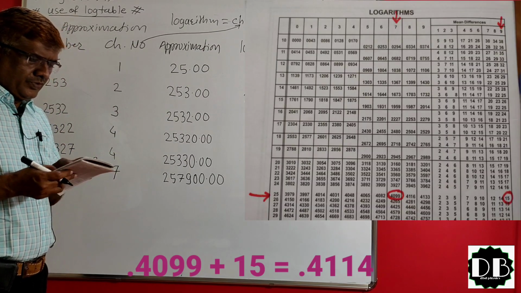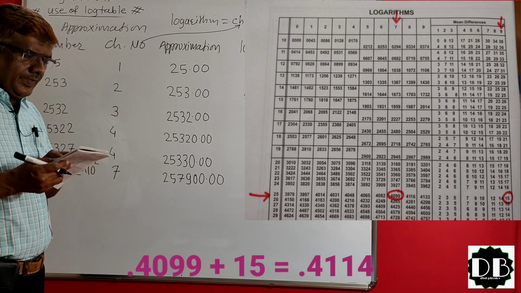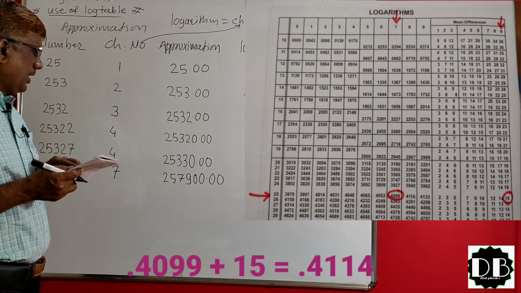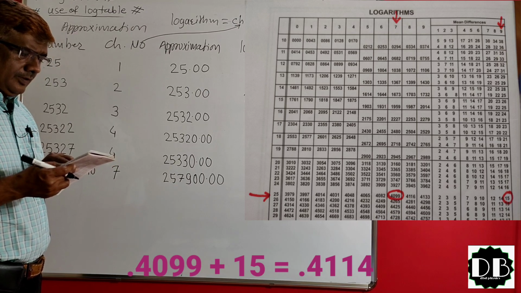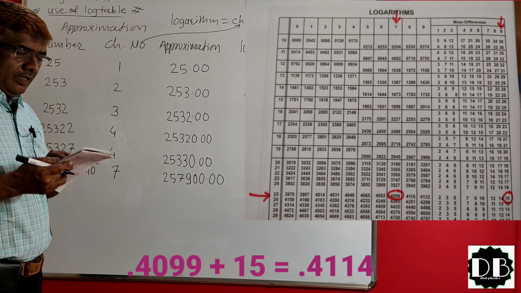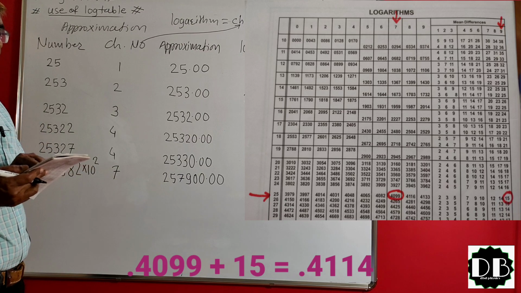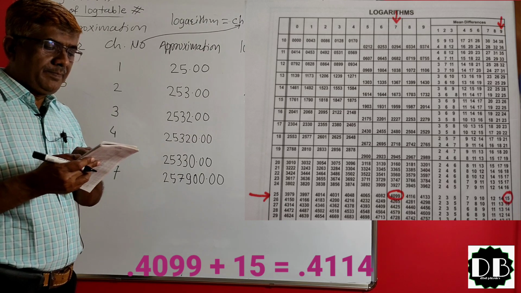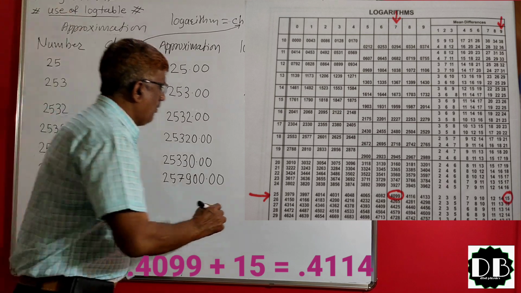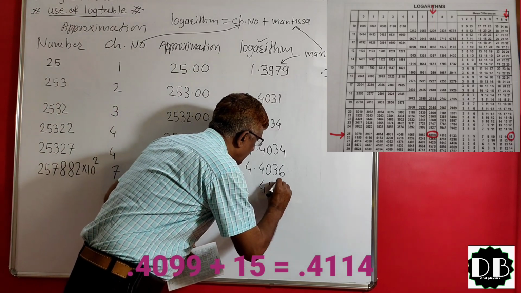25 to 7: 4099. We can see that it is 4099. 25 to 7, and for the 9 there is a 15. That means add 15 to it. 4099 plus 15 is 4114.